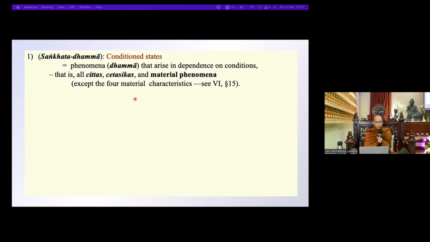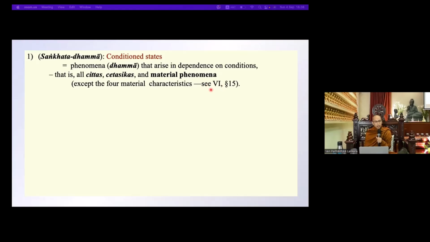The characteristic material phenomena are an exception, because in the Abhidhamma Sangha itself it is mentioned, na kutoci samuttthana rupa. This is the materiality of characteristic: upacaya, santati, jarata, aniccata. And you can see it in chapter 6.